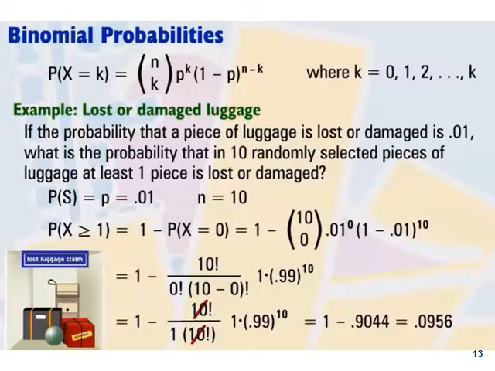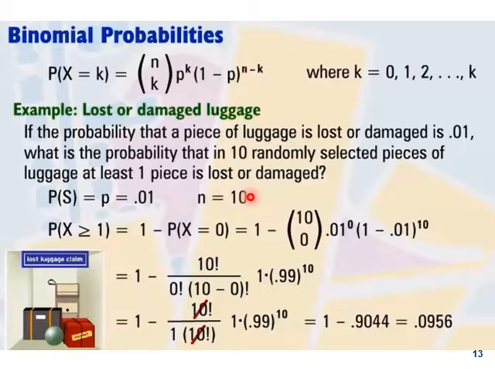Now there's one other example, that is lost or damaged luggage. If the probability that a piece of luggage is lost or damaged is 0.01, what is the probability that in 10 randomly selected pieces of luggage, at least one piece is lost or damaged? So our probability of success P is 0.01.